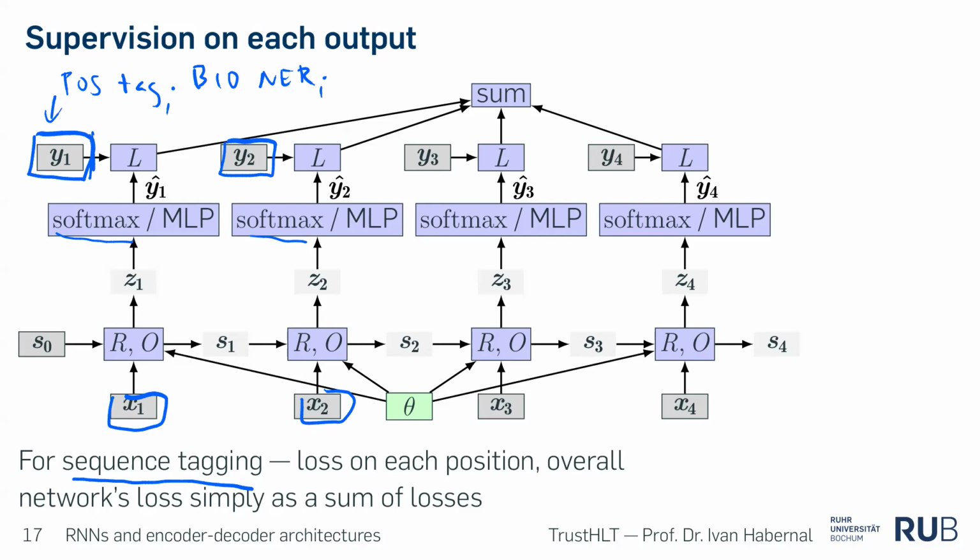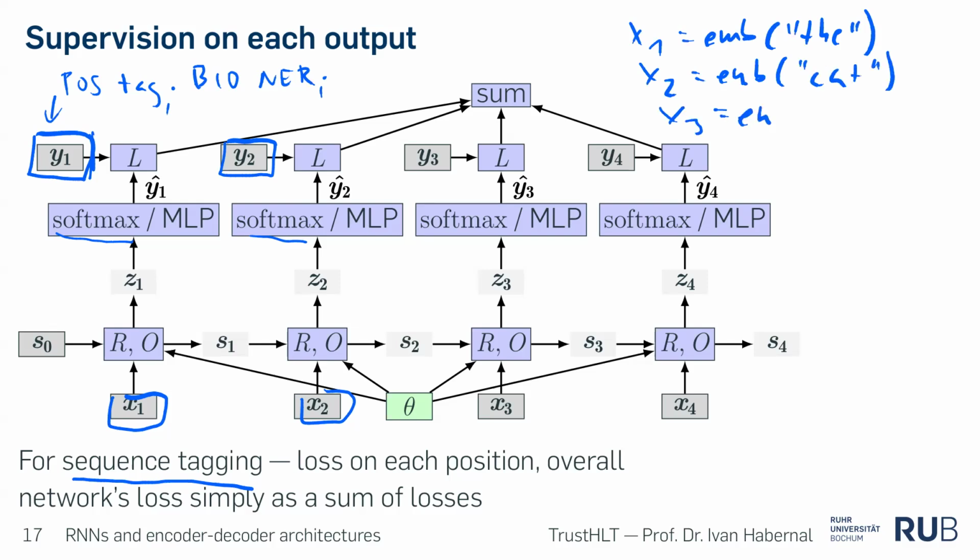So for example, the training data would be x1 is the. Well, no, not the. The x1 could be some sort of embedding of the. x2 could be the embedding of cat, and x3 could be the embedding of sat.